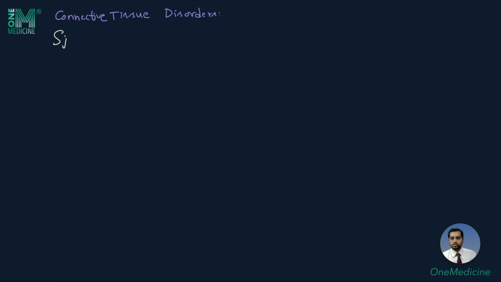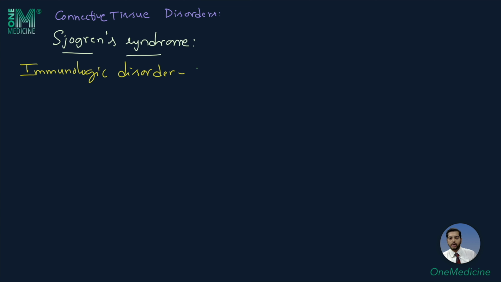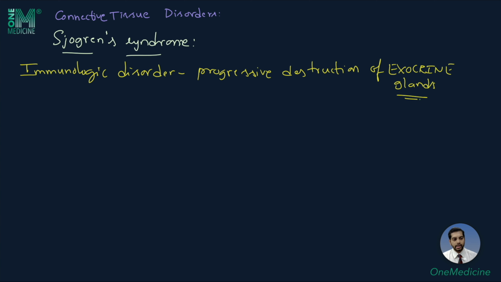The next connective tissue disorder is Sjogren's syndrome. This is an immunologic disorder characterized by progressive destruction of exocrine glands mediated by lymphocytes.